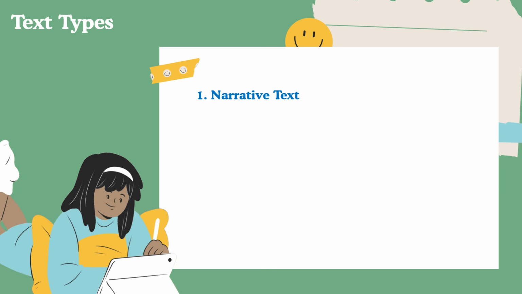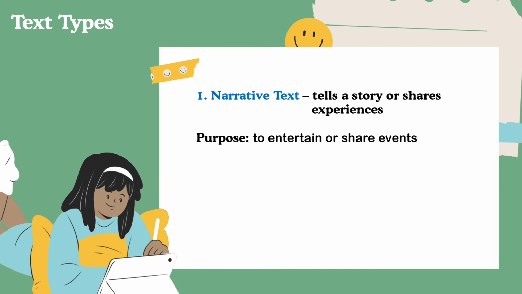First, narrative text. It tells a story or shares experiences. Its purpose is to entertain or share events. A narrative text often has characters, people or animals, a setting, or where and when the story takes place, and a plot, the sequence of events.